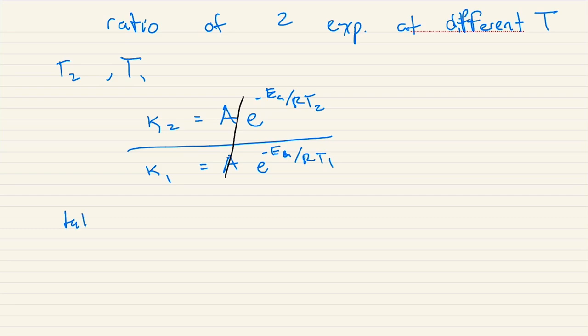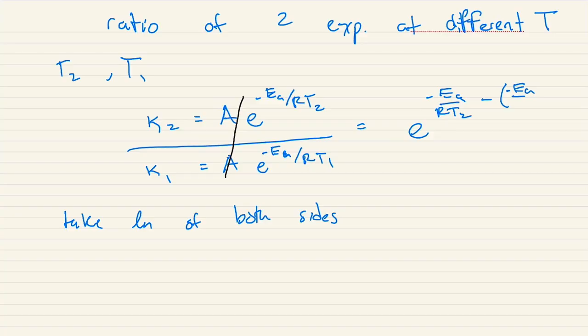And then we can take the ln of both sides. After simplifying this, because this is going to be e to the minus EA over RT2 minus EA over RT1.